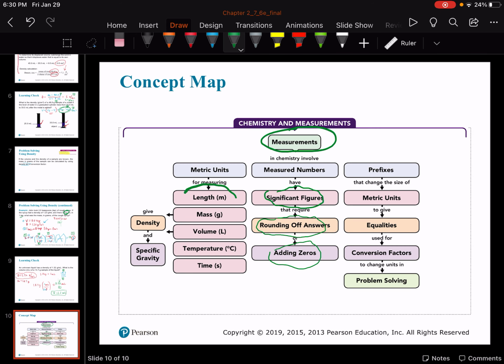And metric units are for measuring things like time, length, mass, volume, and so on. And we also talked about prefixes, which help us with our metric units, and we need these for problem solving. We used some examples then. We didn't talk about specific gravity, but we used some examples that derive from mass and volume, and those were density. All right, so let's get ready for Chapter 3.